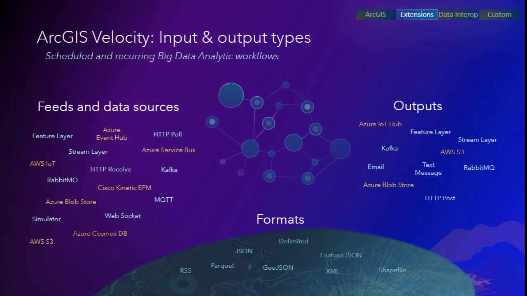Now, both of these products, even though we're going to deep dive on Velocity, support inputs across the major cloud IoT platforms highlighted on the left side, as well as some generic feed streams and technologies like HTTP polling and Kafka messaging queues.